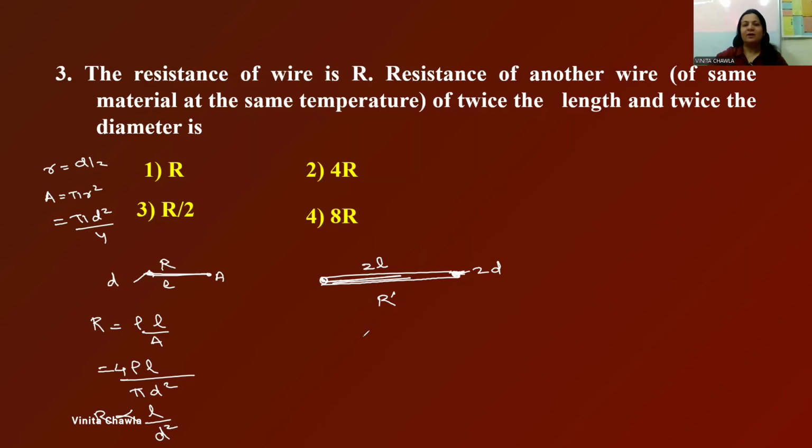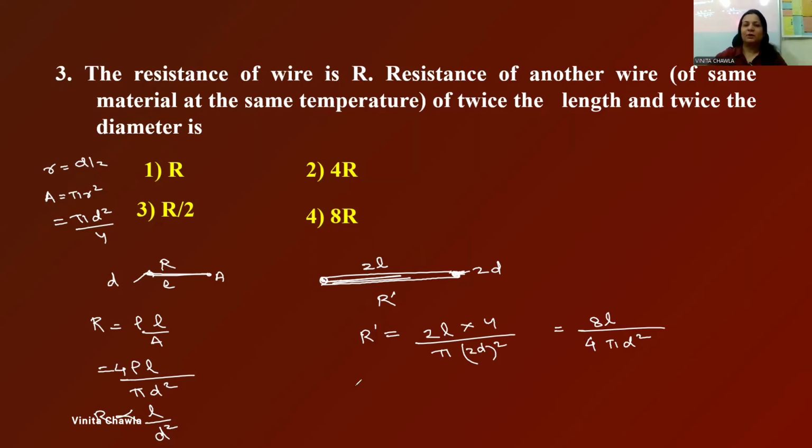So here we'll write R dash is equal to length is doubled, and this pi D square by 4, D is 2D, and 2D square by 4. So what will I write? 4 L upon 2 to the 4 pi d square. एक तो ऐसे कर सकते हो.